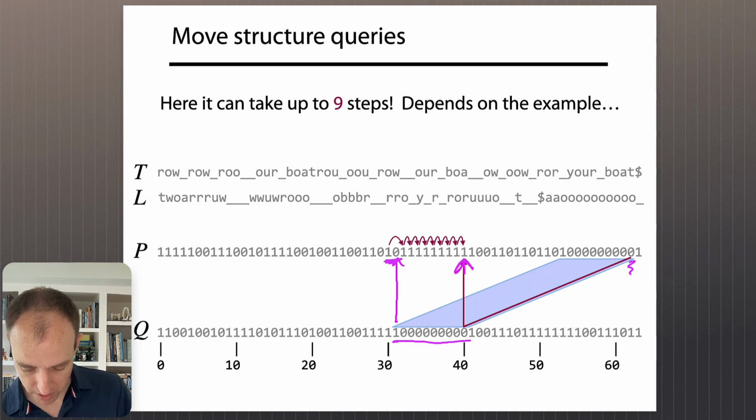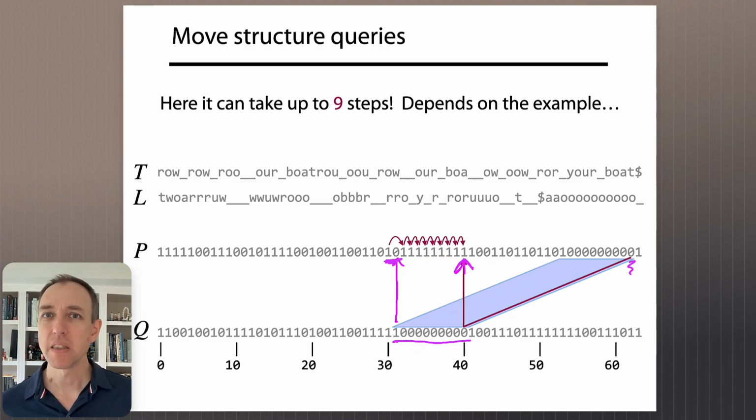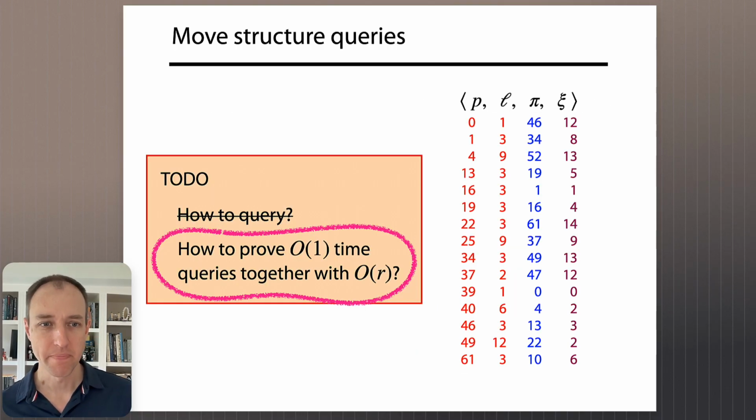So I need to do several scans to get to the appropriate run. In this example, I need to do 9 of them, and I have a little arrow showing you all 9 of those scans. Okay, so the worst case looks kind of bad. And we don't yet have a principle that would let us bound this. And because we can't bound it, we shouldn't feel confident yet that we've accomplished anything like a constant time query.